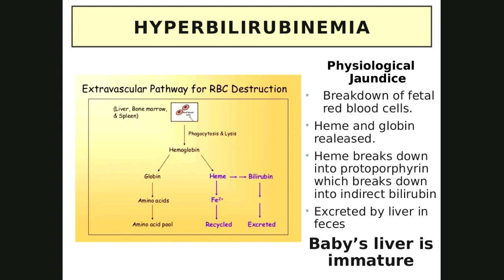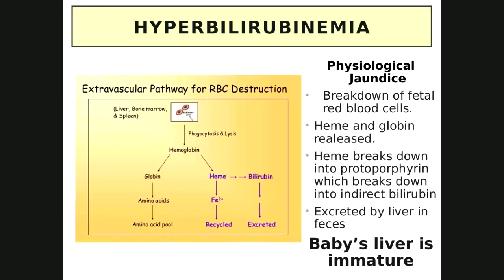And the byproduct of broken red blood cells, okay? So the hemoglobin is made up of heme and globin. The heme is going to break down into iron and the bilirubin. The bilirubin is going to get excreted. The iron is going to get recycled, okay? But the bilirubin is the byproduct, okay?